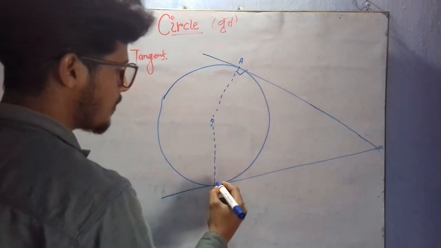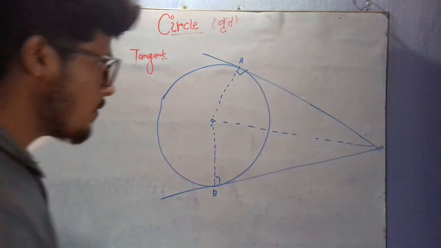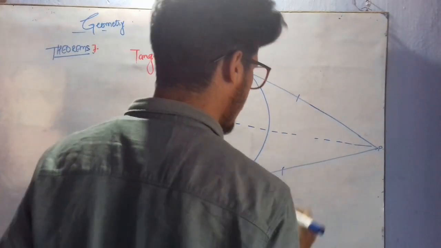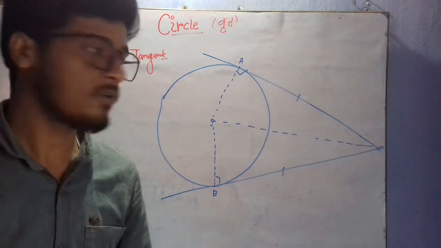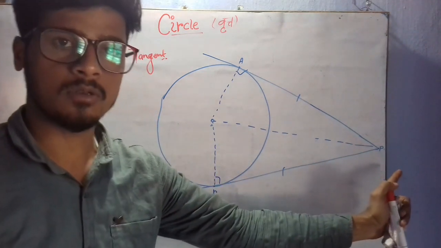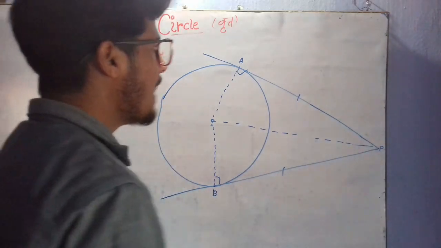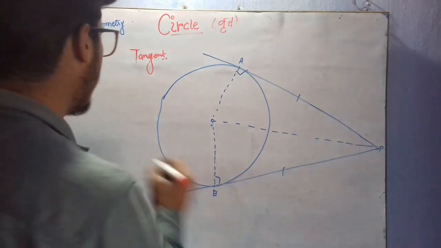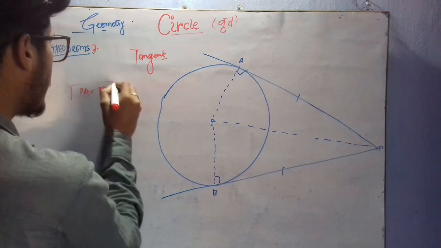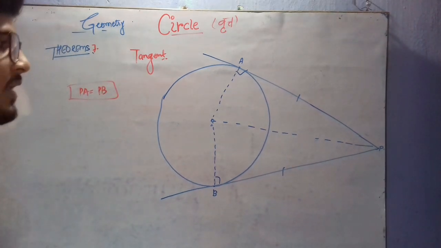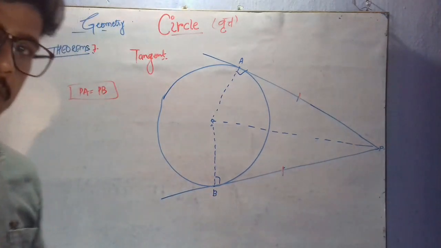This will be perpendicular. It is said that if tangents are drawn from a point exterior to the circle, then the lengths of both of the tangents will be equal. It means PA will be equal to PB. This is our equation, that PA will be equal to PB.